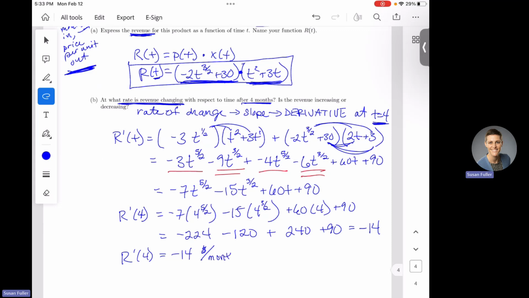So this is going to be dollars per month. So after 4 months, my revenue is changing by negative $14 per month. So does that mean your revenue is increasing or decreasing? Yep, that means that our revenue is decreasing by $14 per month.